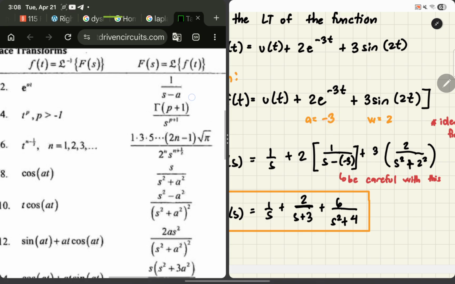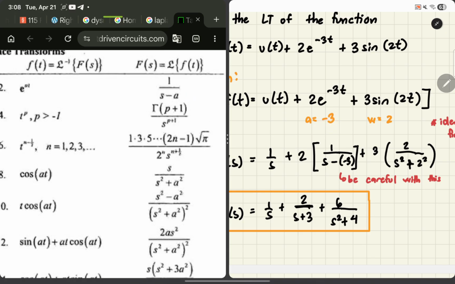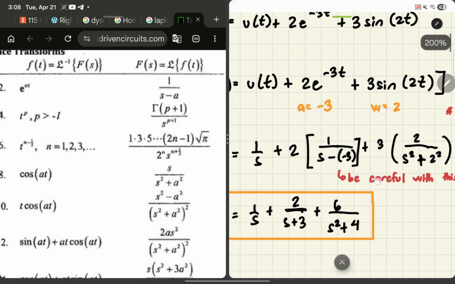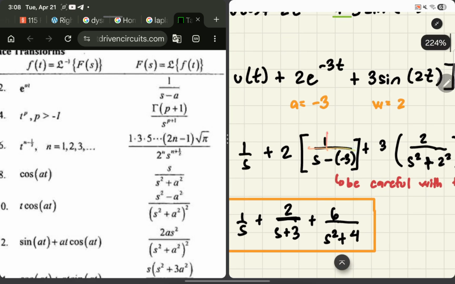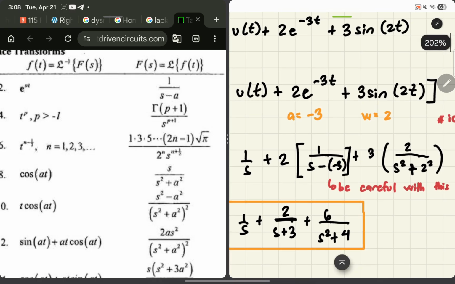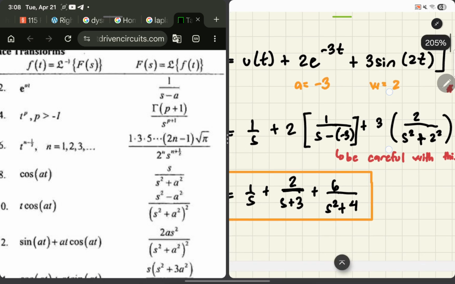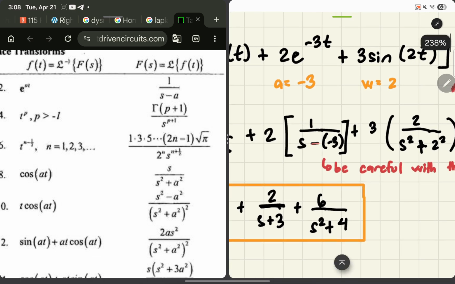Therefore, our formula is 1 over s minus a. Therefore, it will become 1 over s minus the a, which is the negative 3. So it became 2, which is the constant that we have set aside earlier, times 1 over s minus a, which in here, since negative times negative, it became positive.